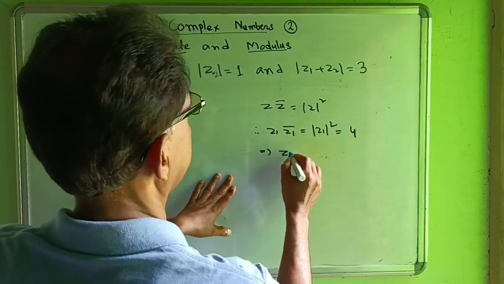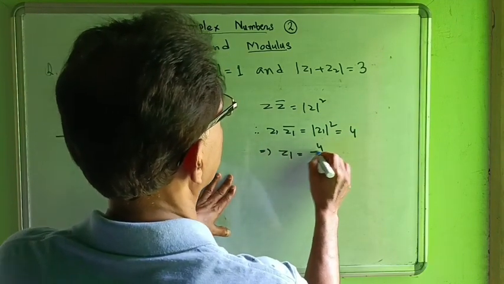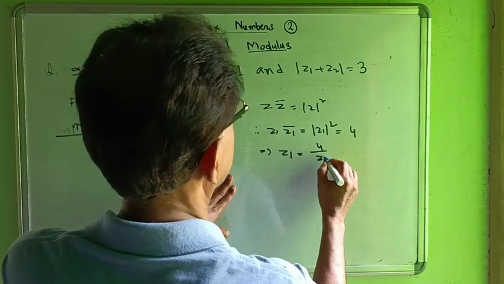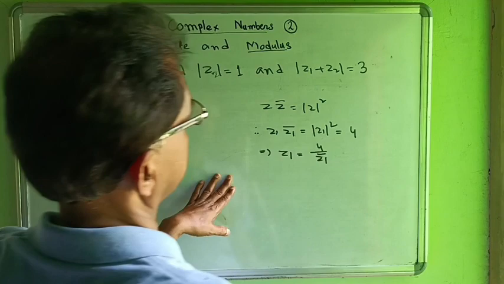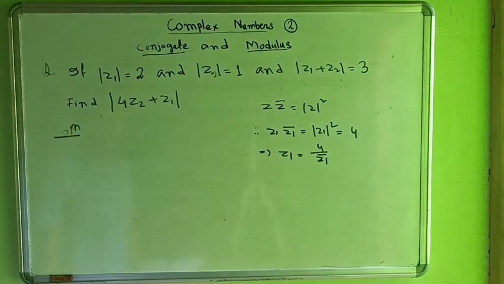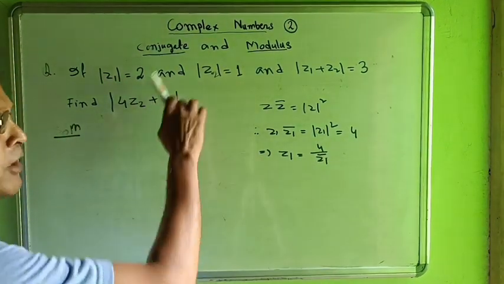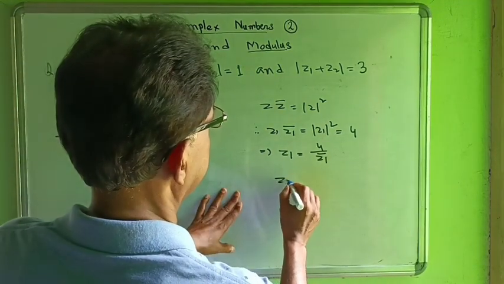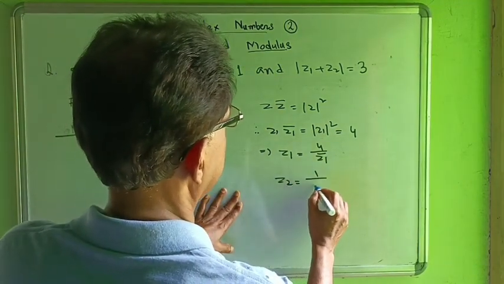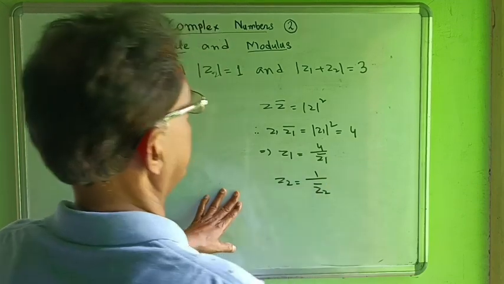Therefore, we can say Z1 is equal to 4 by Z1 bar. Similarly, Z2 is unimodular. Therefore, we can say Z2 is equal to 1 by Z2 bar.